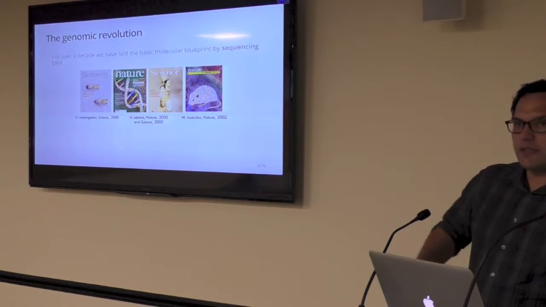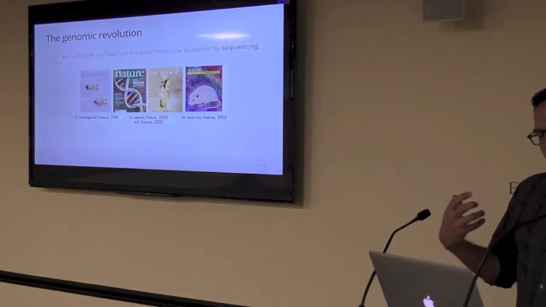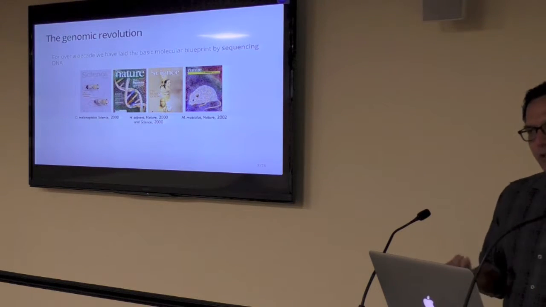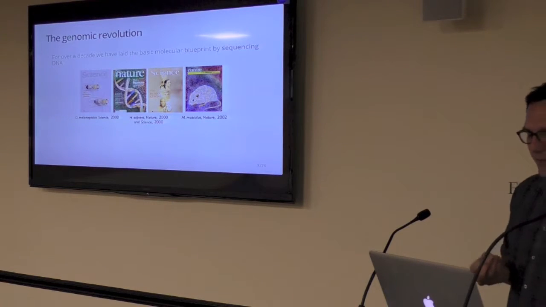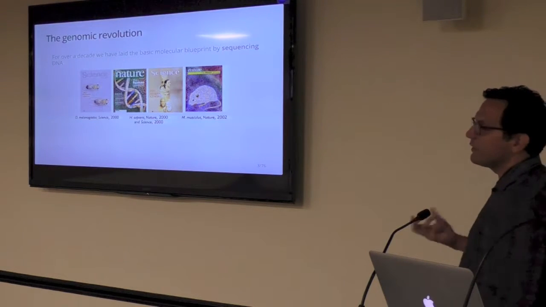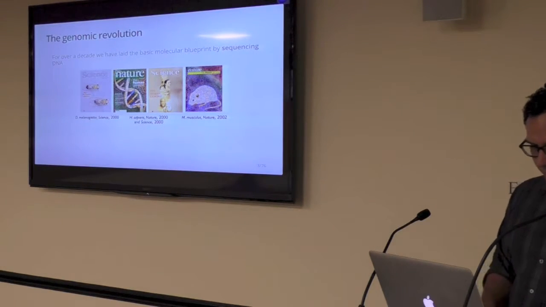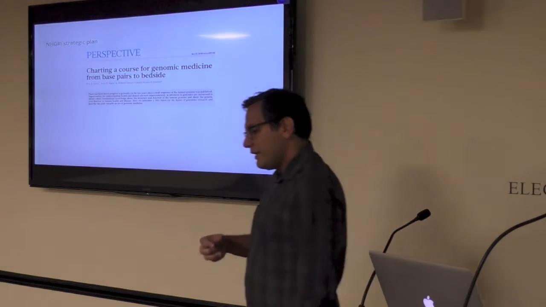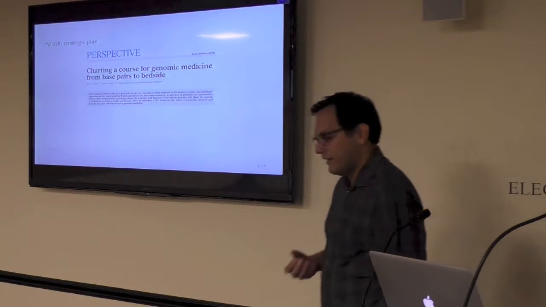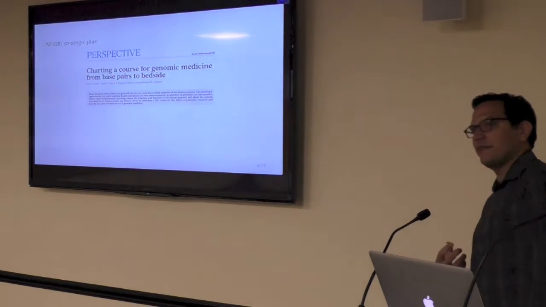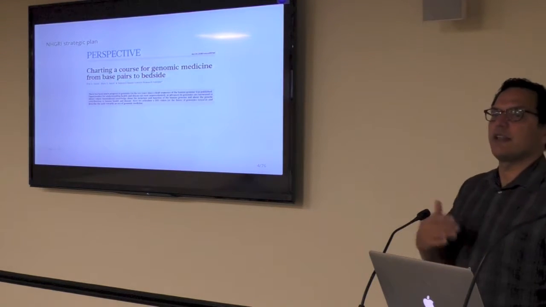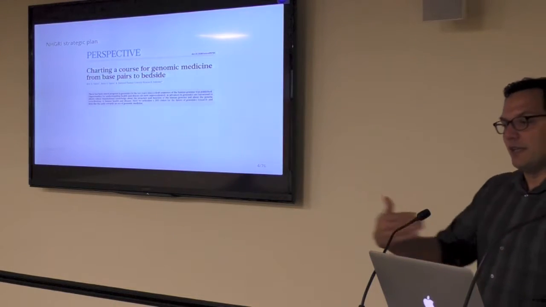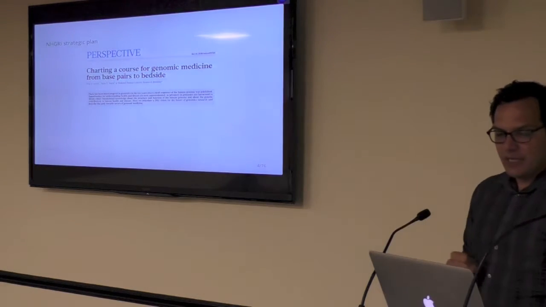And for over a decade, we have been attempting to lay down the basic molecular blueprint of these molecular mechanisms by sequencing DNA. So a lot of what we'll discuss today is based on these vast and fast technological advancements in DNA sequencing that allow us to measure a lot over many people.